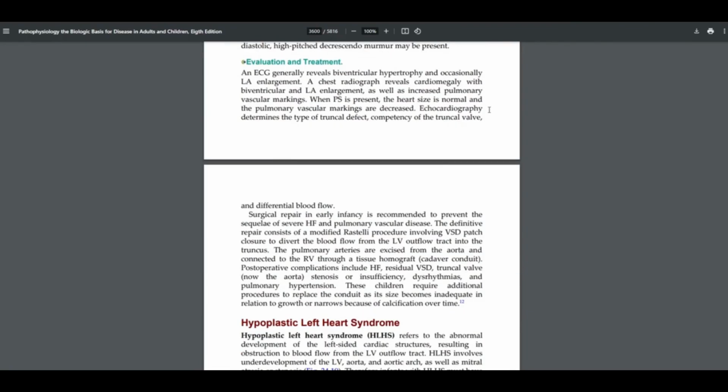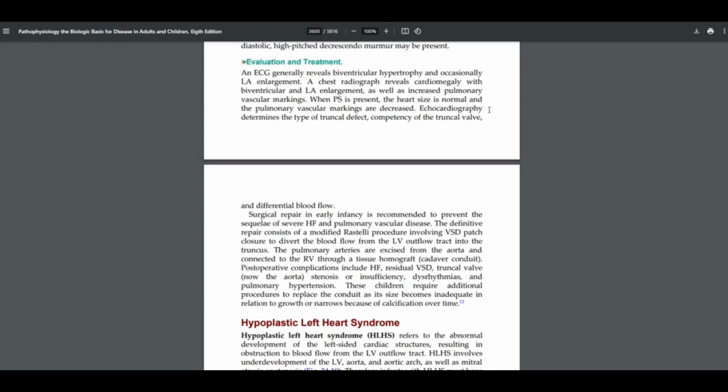We evaluate and treat via an EKG, which generally reveals biventricular hypertrophy and occasionally left atrial enlargement. A chest radiograph reveals cardiomegaly with biventricular and left atrial enlargement, as well as increased pulmonary vascular markings.